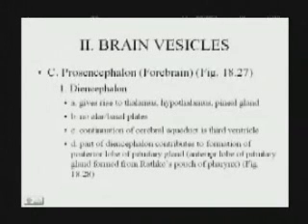The cerebral aqueduct continues up into this level as the third ventricle, and part of the diencephalon contributes to the formation of the posterior lobe of the pituitary gland, while the anterior lobe is formed by Rathke's pouch, and we'll see the development of the pituitary in a little while. So this particular portion would be called the neurohypophysis.